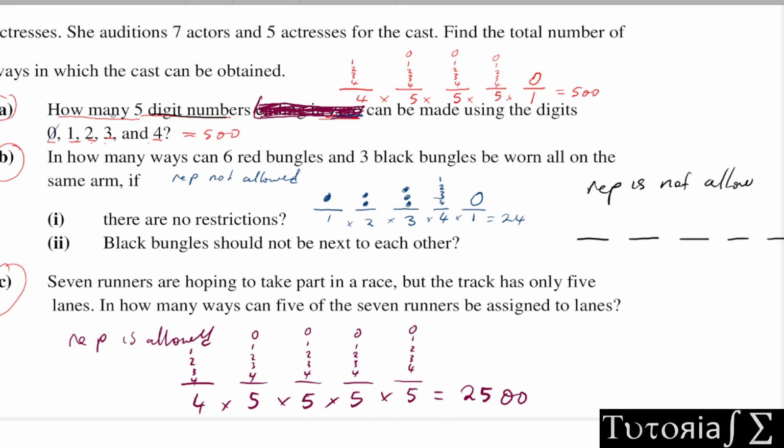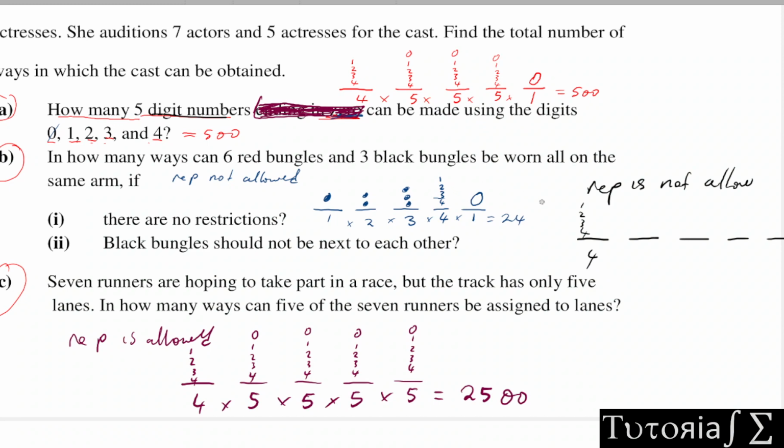How many 5-digit numbers can be made using the digits 0, 1, 2, 3, 4 if repetition is not allowed? For the first slot, we can have either of the 4 numbers, 1, 2, 3, or 4, because we cannot have a number that starts with 0. So we can have 4 possible numbers.